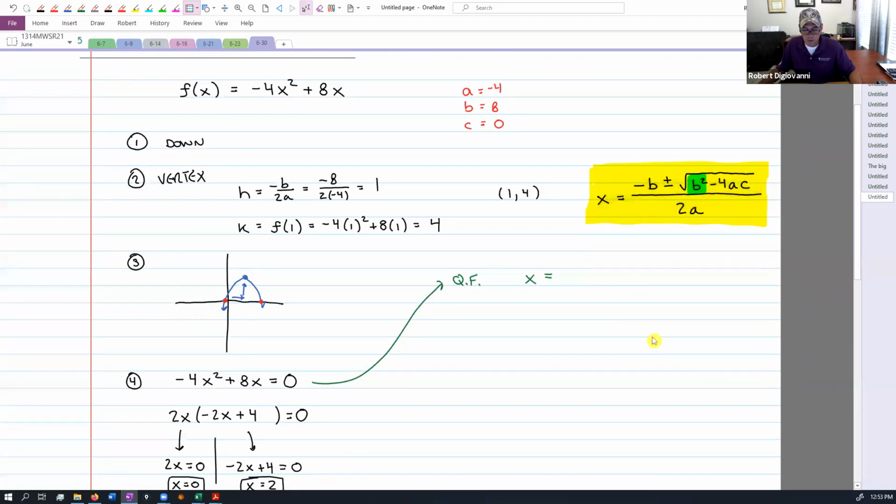Okay, so negative b, which would be -8, plus or minus the square root of b squared, which would be 8 squared, that's 64, minus 4 times a, which is -4, times c, which is 0, all over 2 times -4.